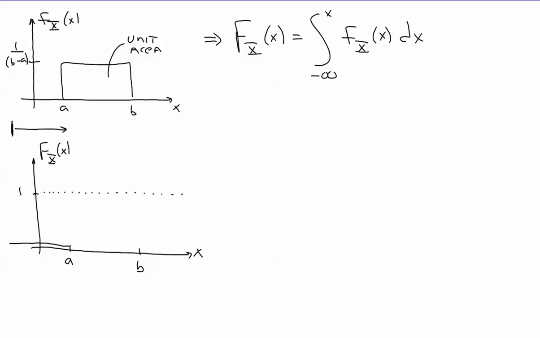And I also know that as x approaches plus infinity, my cumulative distribution function must approach exactly 1. And after I've integrated all the way from A to B, I will have integrated the entire area under my probability density function, and so my integral must be exactly 1.